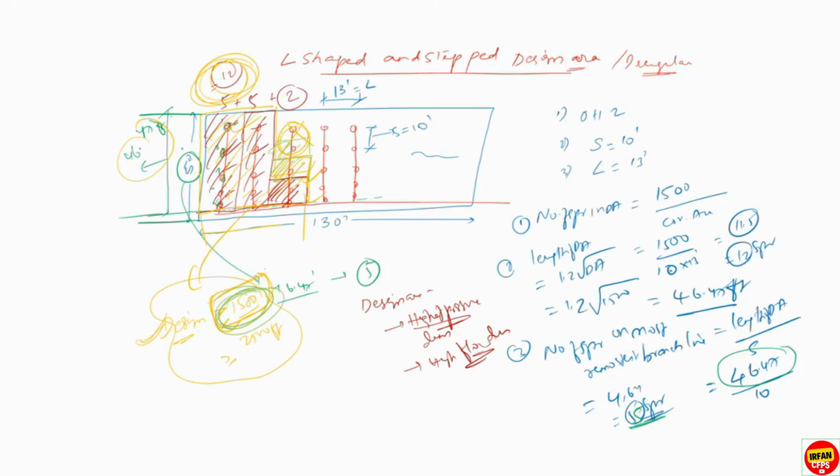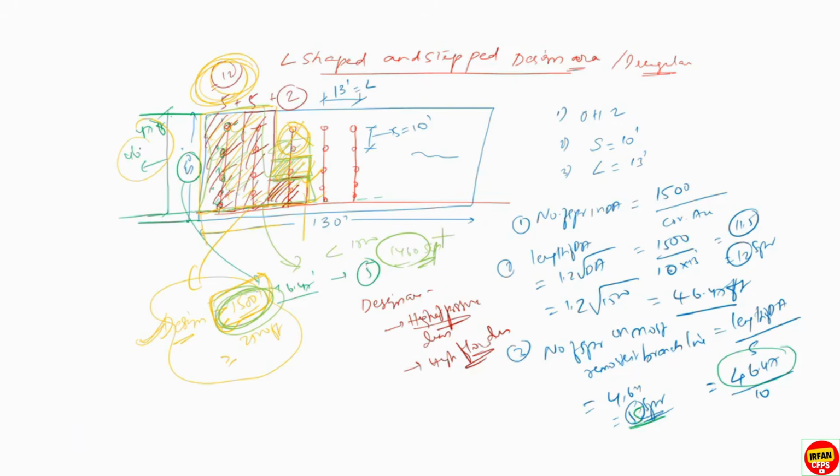Sometimes it happens that even though you consider 12 sprinklers and have done the design area properly, when you calculate the design area, it is less than 1500 square feet. Maybe you got 1460 square feet. Okay. Then you need to consider one more sprinkler to make it 1500 square feet or greater.